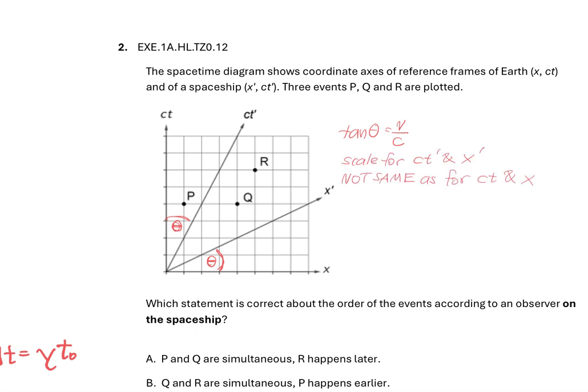And the scale for ct prime and x prime is not the same as for ct and x, so remember that. Also keep in mind that the x-axis is position and the y-axis is time, and it's not even time, it's speed of light times time, so that it has the same units as x.